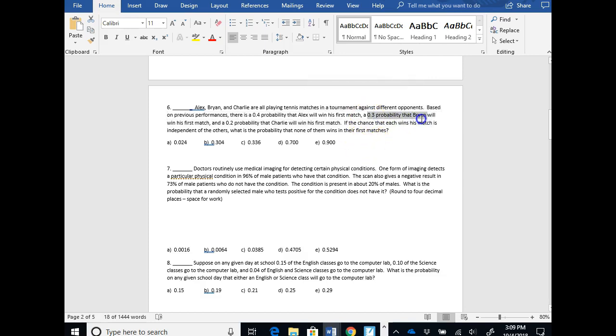Brian, the winning is 0.3, so the losing is 0.7. For Charlie, the winning is 0.2, so losing is 0.8. It's asking the probability that none of them win their first match, meaning they all lose. So you find the probability of each one losing and multiply them together. Why? Because it's a sequence of events: Alex loses, and then Brian loses, and then also Charlie loses.